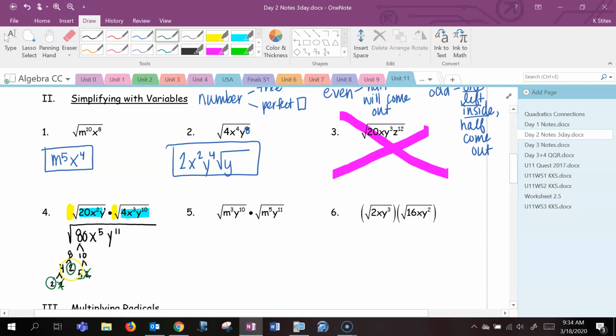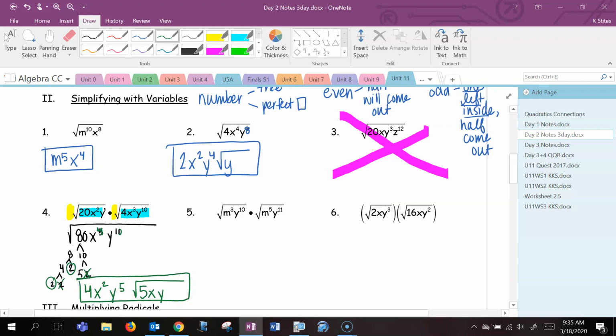Okay. 2 times 2 is 4 root 5, but I'm going to leave some space in my 4 root 5. See how I've left all this here for my variables. All right, x to the 5th and y to the 11th are both odd, so leave one inside of each. So I'm leaving an x and I'm leaving a y. And now these go down by 1. So that's a 4 and that's a 10. And now they're even, so we'll divide by 2. X squared comes out, y to the 5th comes out.